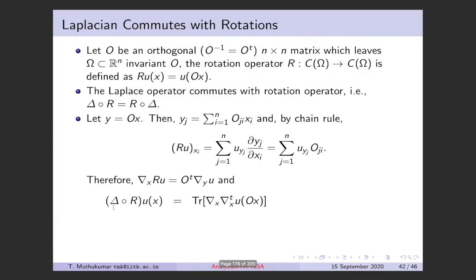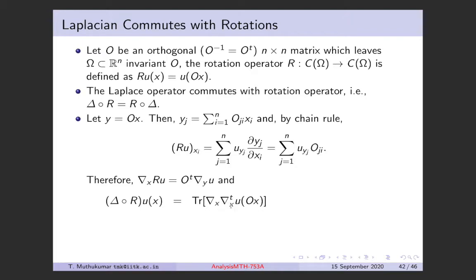So this is precisely the trace of the Hessian matrix acting on u of y. Now in this term you use the formula that we derived, that the gradient of R of u is O transpose acting on grad y of u. So here you have the transpose of that.